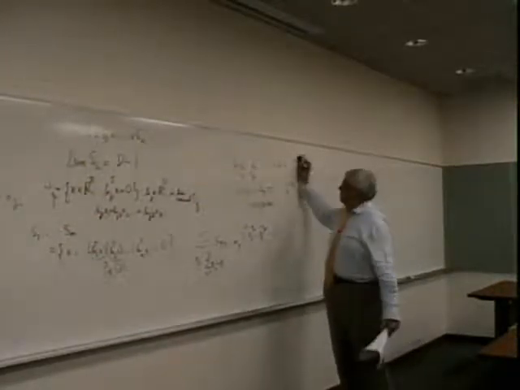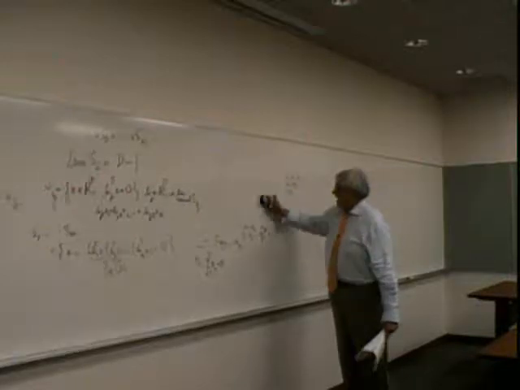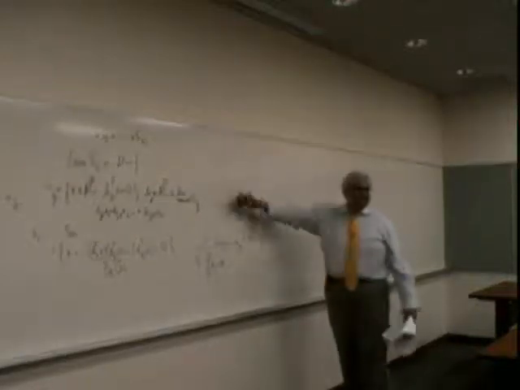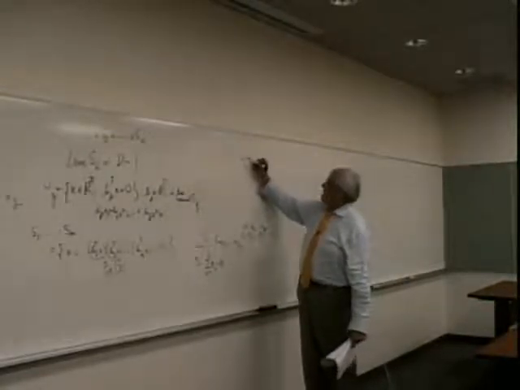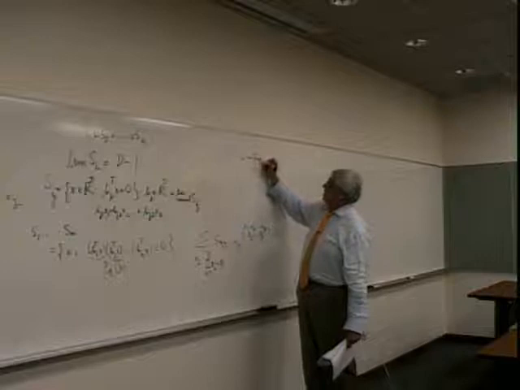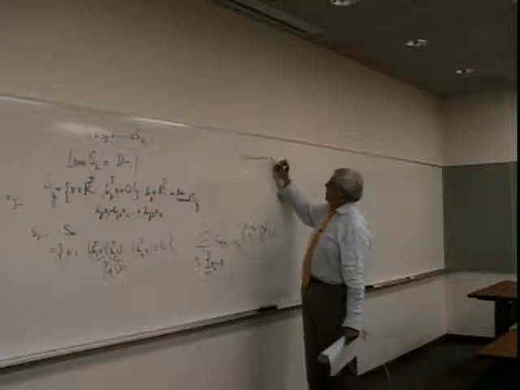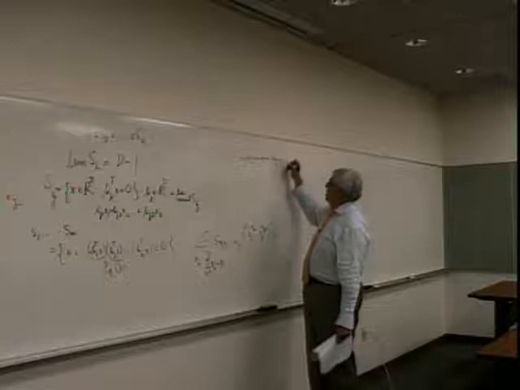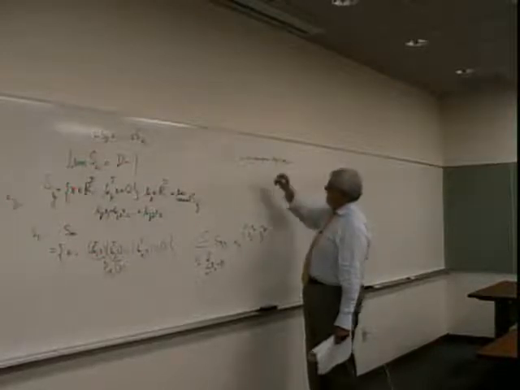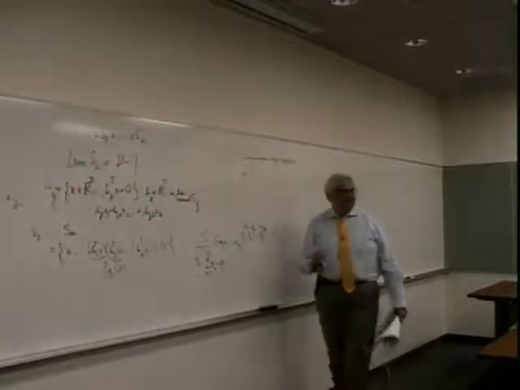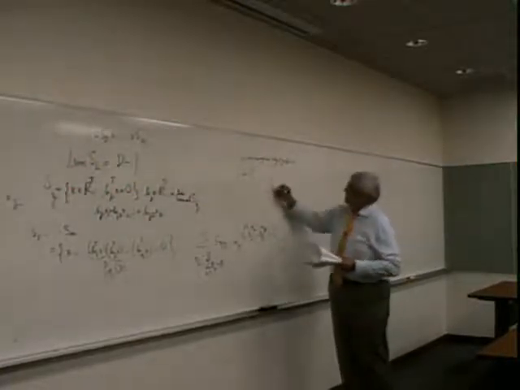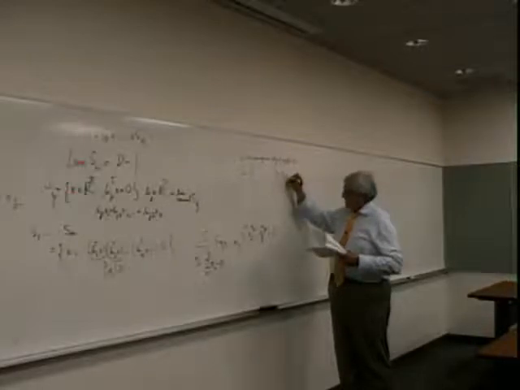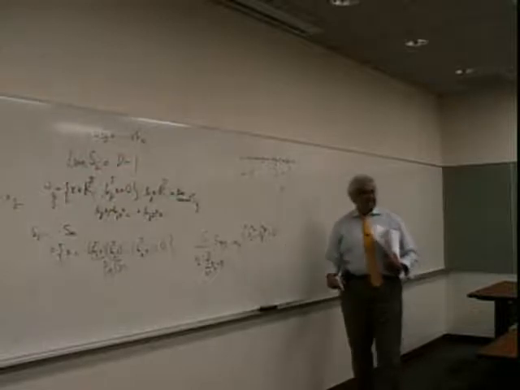And the question is, how many of these are there? How many homogeneous polynomials of order n in D variables are there? And the answer to that is a combinatorial calculation which says D plus n minus 1, choose n, and that's the number.